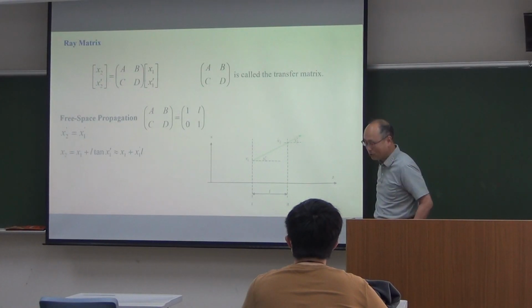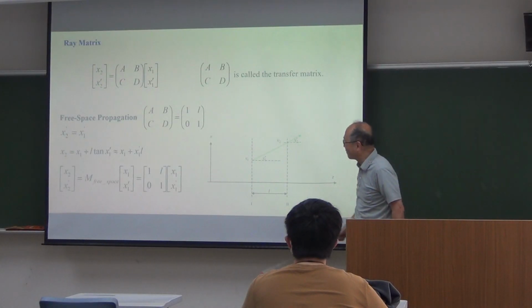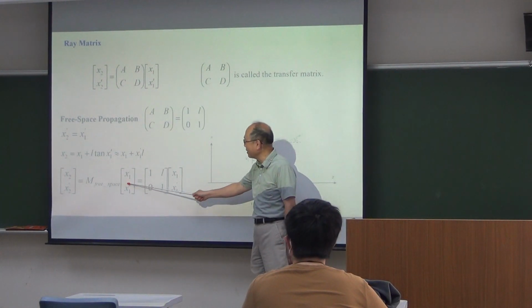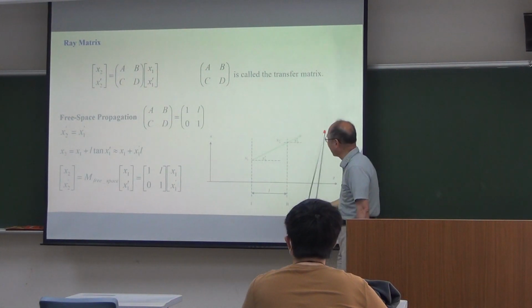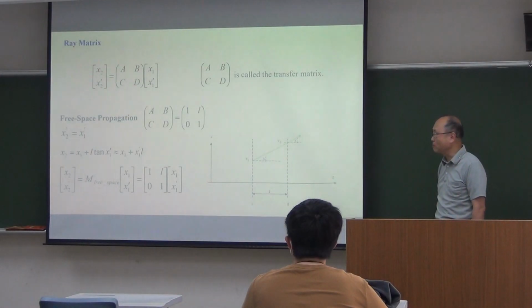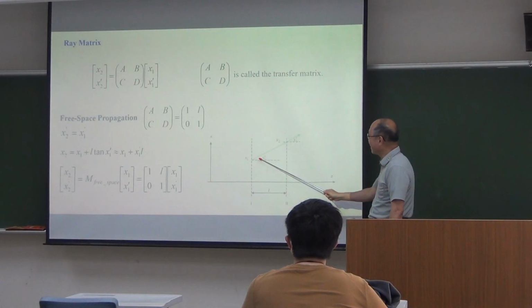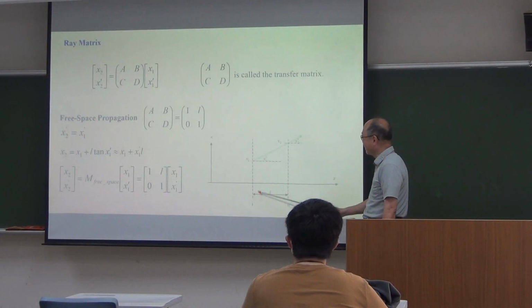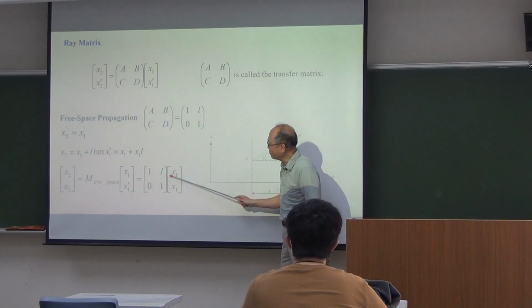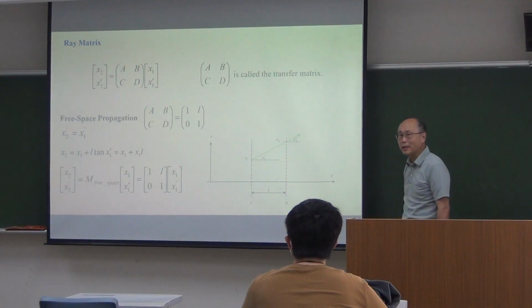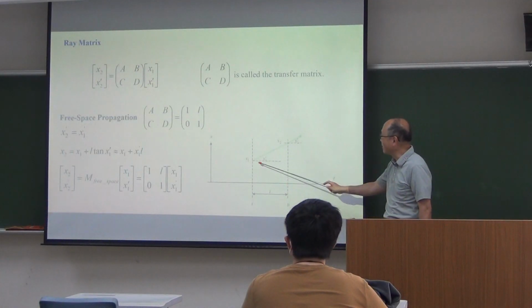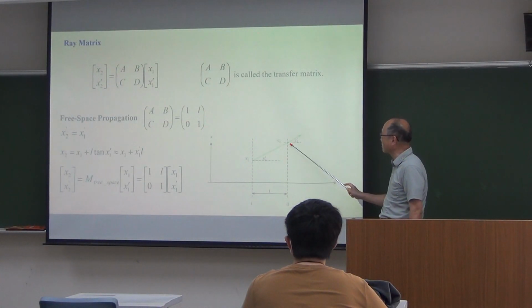From the geometry, you quickly identify that if this light ray propagates in a homogeneous medium over a propagation distance of L, then the ray matrix can properly describe the propagation of the light ray from this point to this point.